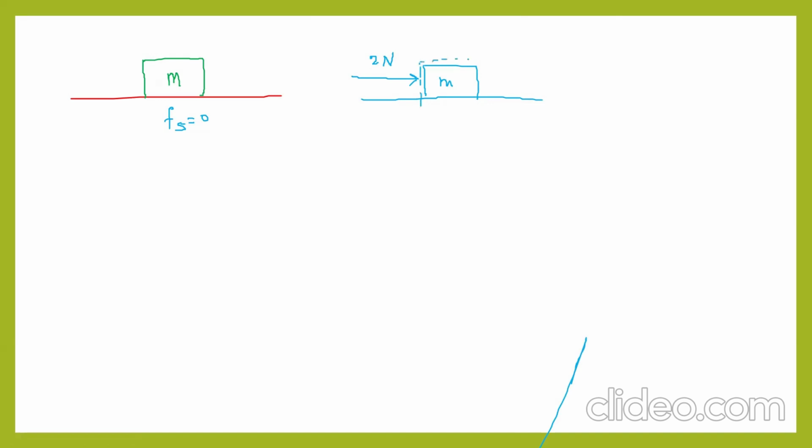Friction always opposes the tendency of motion, so friction will be to the left. This is the direction of static friction. And since static friction is self-adjusting, its value will be 2 Newton. Self-adjusting means it adjusts its value according to the applied force.